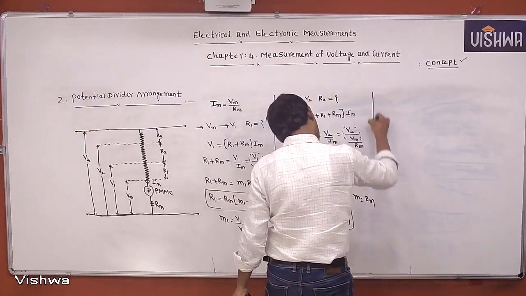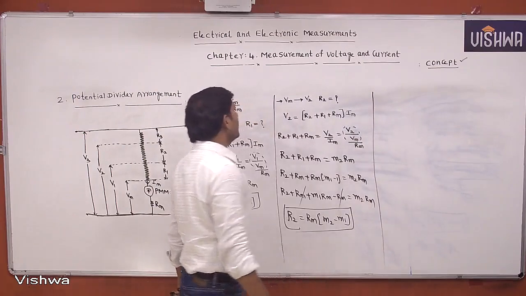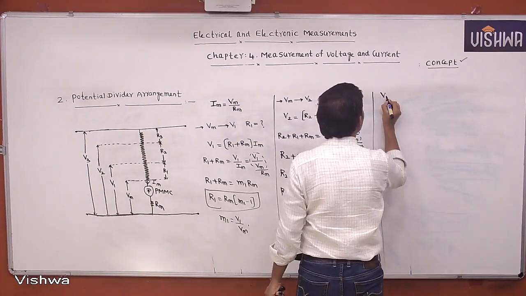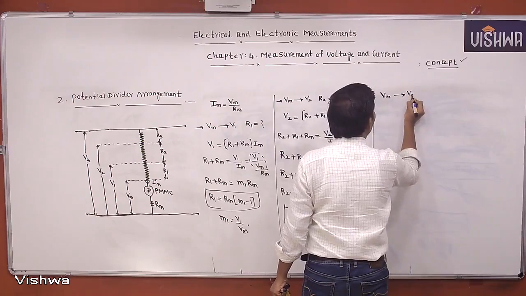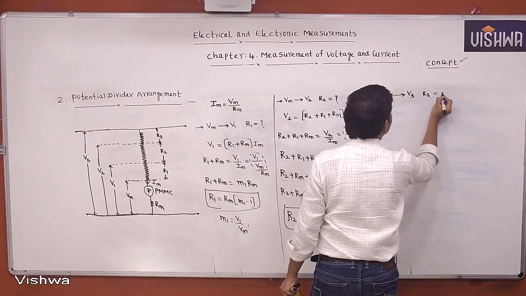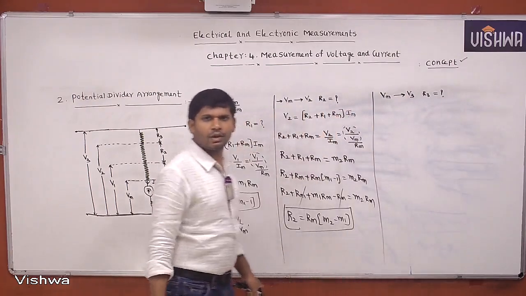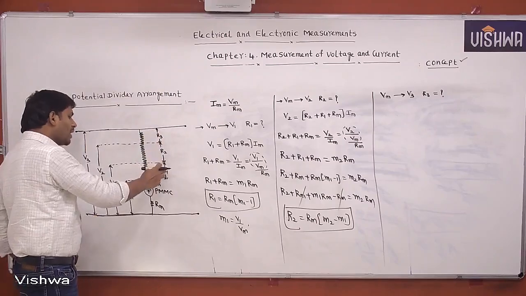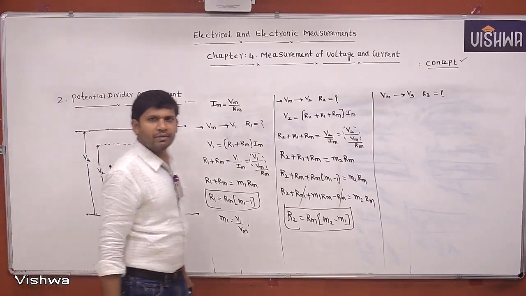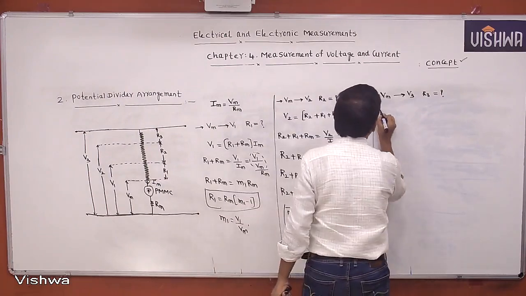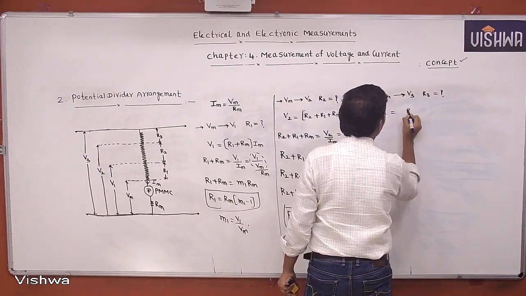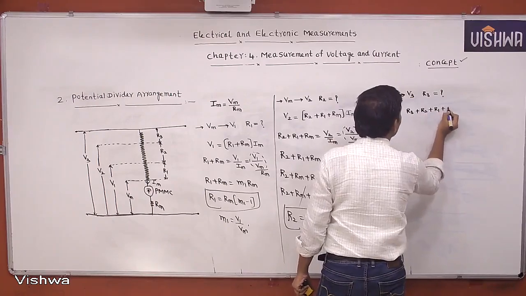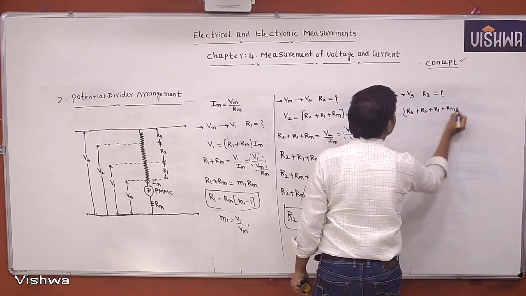Then similarly, to extend the range from Vm to V3, what value of R3 can we design? V3 means R3 plus R2 plus R1 plus Rm into Im. The current remains the same. That is V3 equals R3 plus R2 plus R1 plus Rm into Im.